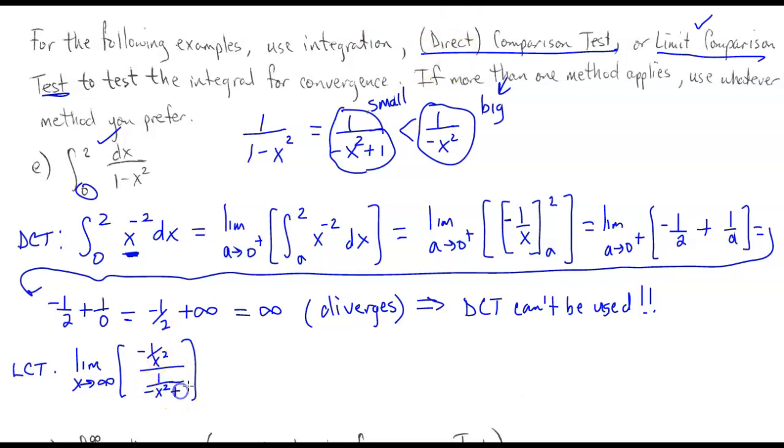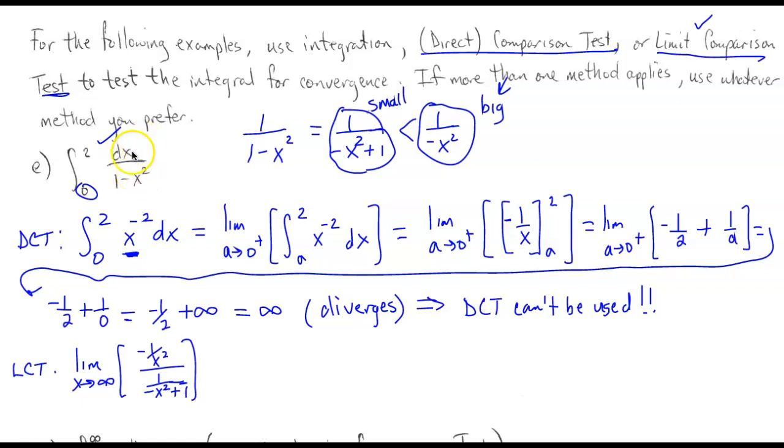Meaning, am I going to get a real number that's in between 0 and infinity? If I do, then I can use the limit comparison test, which basically says that the improper integrals for the big function and the small function are either both going to be divergent or both going to be convergent, depending upon whether my functions f and g and the corresponding improper integrals meet the conditions of that limit comparison theorem.